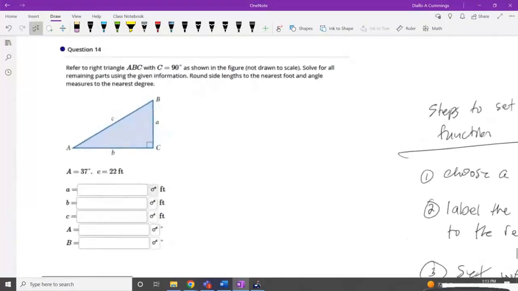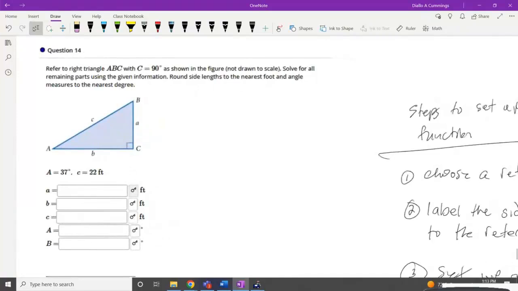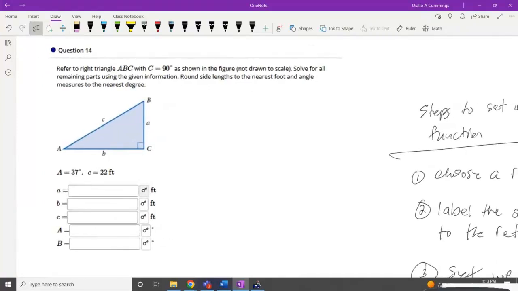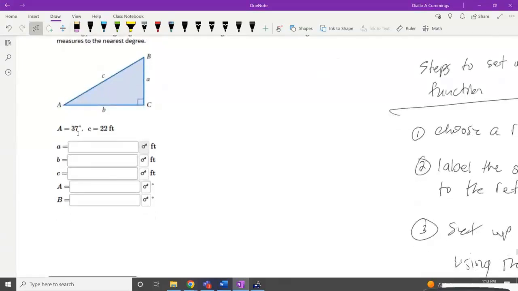All right, so let's look at number 14. It says, refer to the right triangle ABC with C equaling 90 degrees as shown in the figure, which is not drawn to scale. Solve all the remaining parts. The first thing I'm going to do is plug my given information into the triangle.